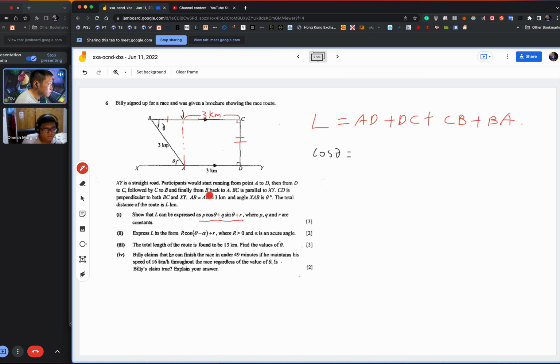You can give it another point, point E. A over H. So in a way, your CB is 3 cosine theta plus 3, because this is 3 cosine theta, right? So this is done.